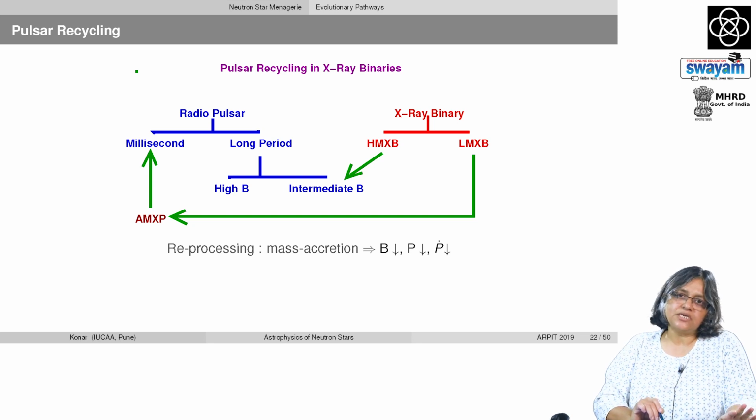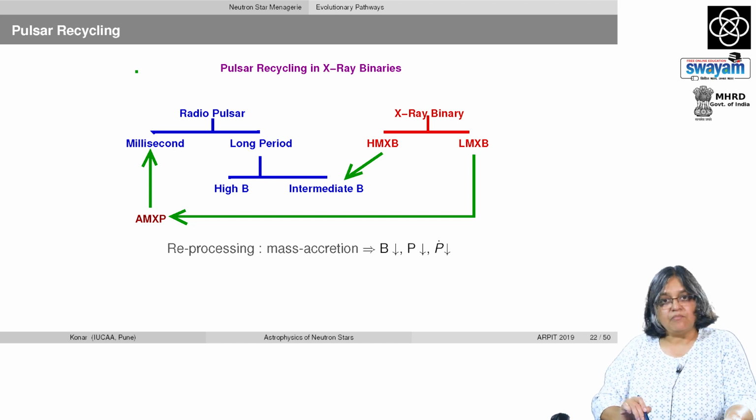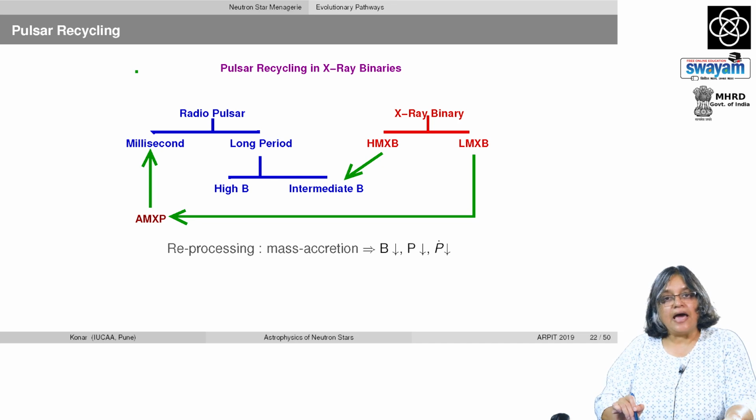So, reprocessing in binaries through mass accretion basically achieves this: the magnetic field goes down, the spin period goes down, and the period becomes much more stable. The rate of spin down also goes down significantly.